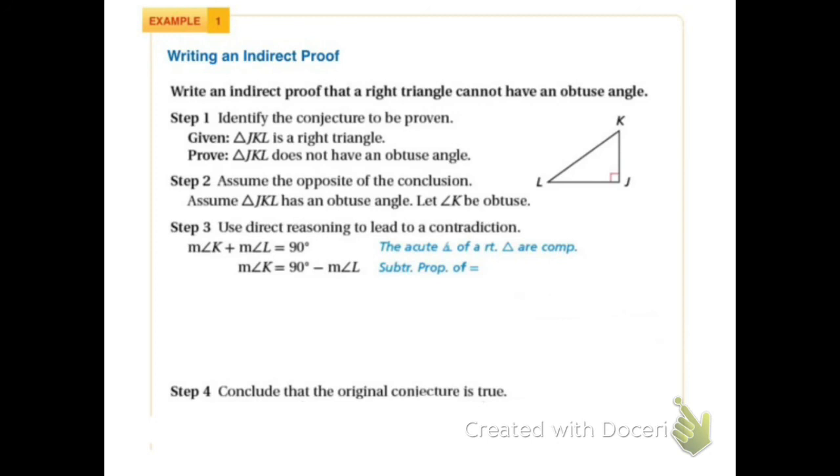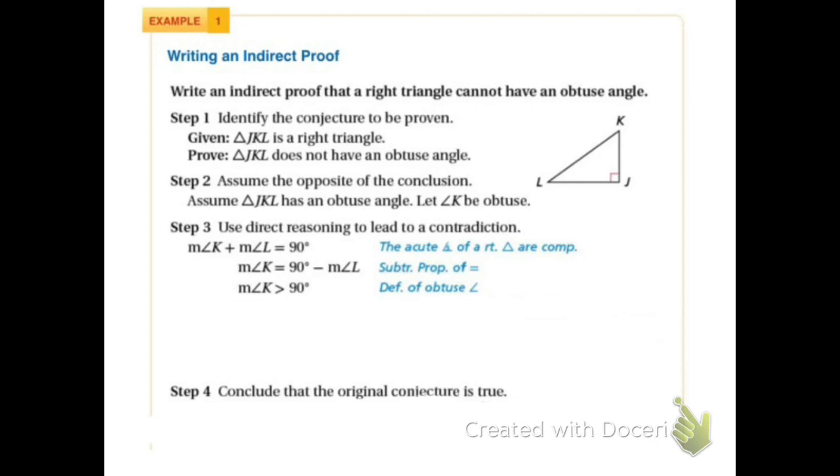They add to 90 degrees. I'm going to subtract the measure of angle L from both sides, move it over to the other side. So I have the measure of angle K equals 90 degrees minus the measure of angle L, and this is using the subtraction property. Then I'm going to say, well, I'm assuming angle K is obtuse. So by definition of an obtuse angle, the measure of angle K has to be greater than 90 degrees.